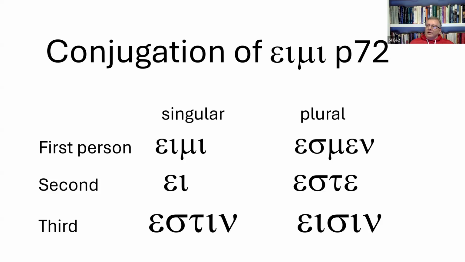Eisin. So the trick, I think, may be just getting really clear on first, second, and third person in English. I am, that's first. You are, that's second. He, she, or it is. I am, you are, it is.